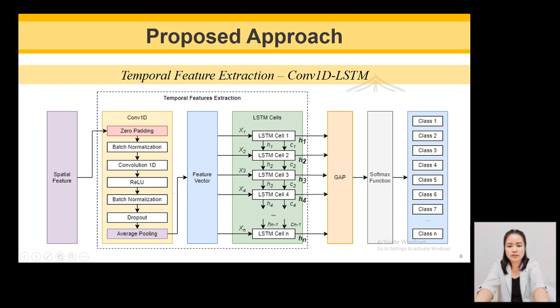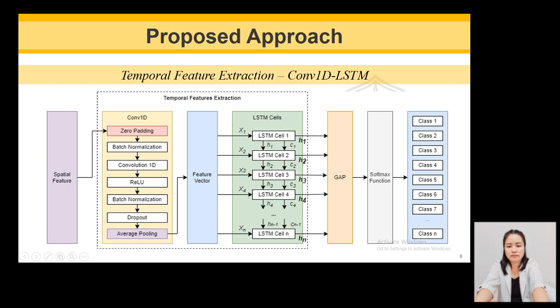For temporal feature, we propose the Conv1D LSTM framework to extract temporal features from the spatial features. In the Conv1D block, the batch normalization layer was added so as to normalize the input data and speed up the process of learning. The dropout layer was implemented to prevent overfitting.